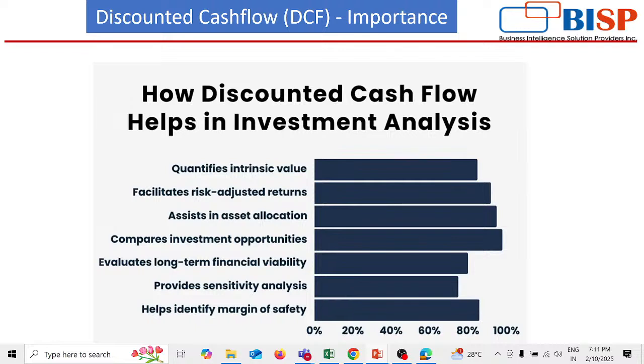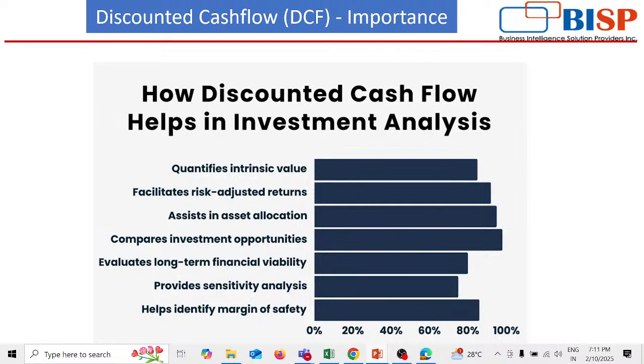It is very helpful, especially in investment analysis, because with the help of DCF the investors can quantify the intrinsic value. It will provide you whether you can invest in the future. It will tell you whether your investment decision is correct or not.